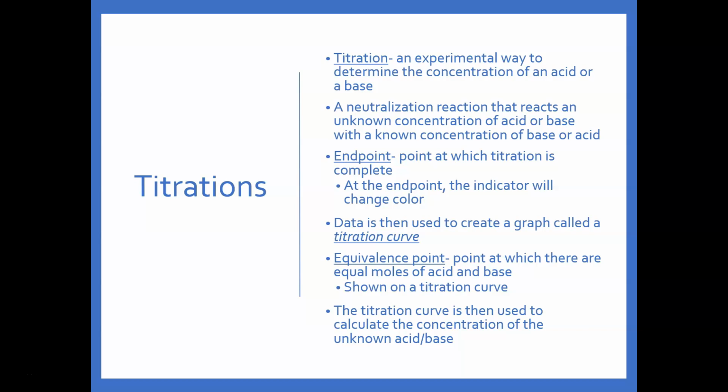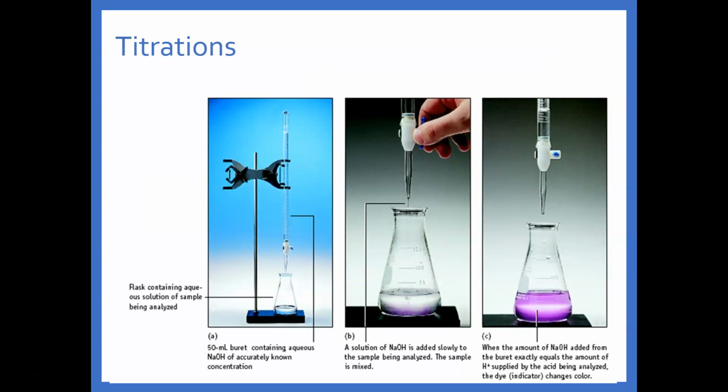At the end point, your indicator will change color. Data is then used to create a graph, which we call a titration curve. The equivalence point is the point at which there are equal moles of acid and base. This is shown on your titration curve when it creates an up and down vertical line. The titration curve is used to calculate the concentration of the unknown acid or base.